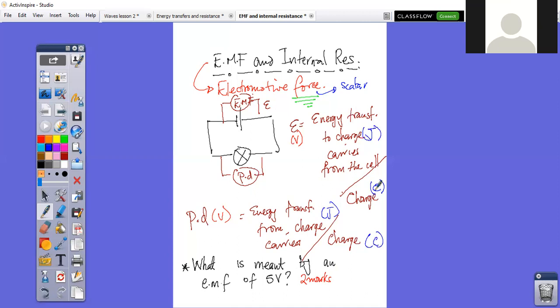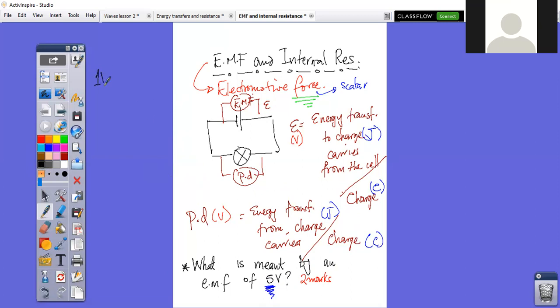Yeah, you're nearly there. But whenever you are asked a question, Tom, and very, very keenly remember this, and there is a number, you need to use that number when talking about that definition. Is it 5 volts of energy? No, we don't say 5 volts of energy. So I'll just remind you what we mean.